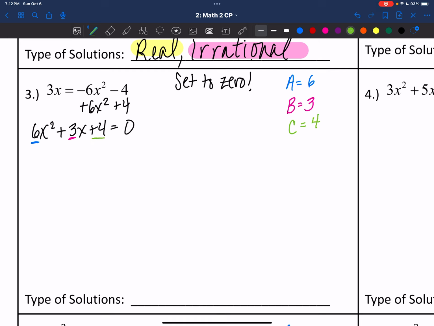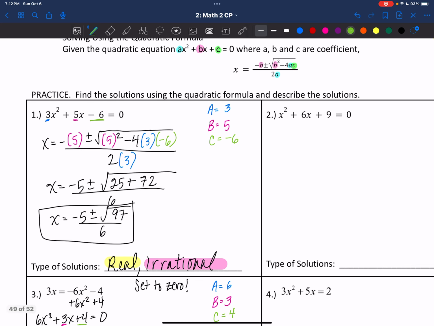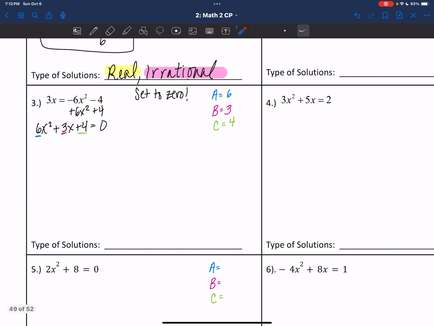And we're going to plug all of that into our quadratic formula, which is right up here.